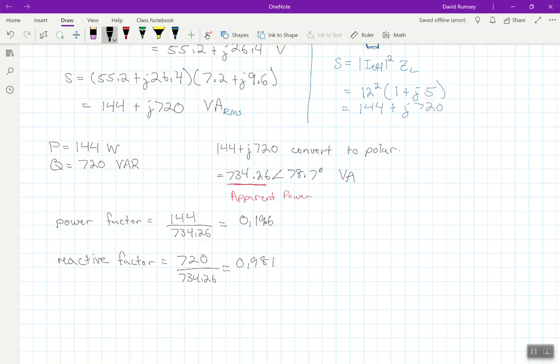So this is clearly indicating to us that in this particular load that we're looking at, we're not getting much of the apparent power being delivered to us as usable power.